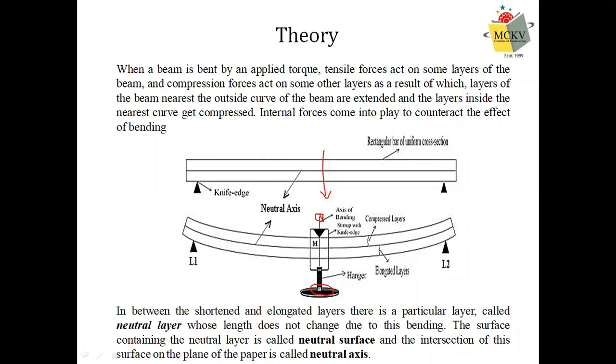But right through the center of the iron bar along the length, there will be an axis which will be unchanged in length, and that is called the neutral axis. It stays unchanged even if you hang weights.